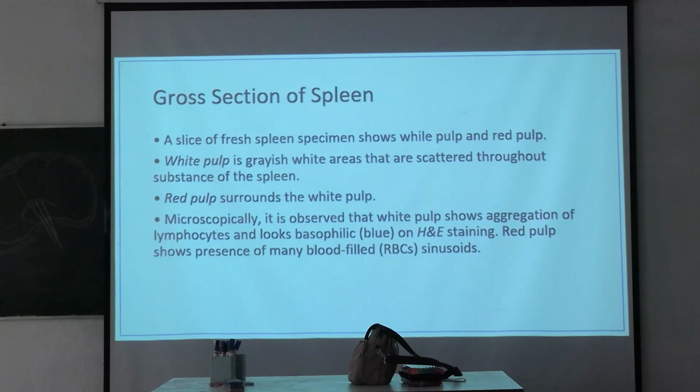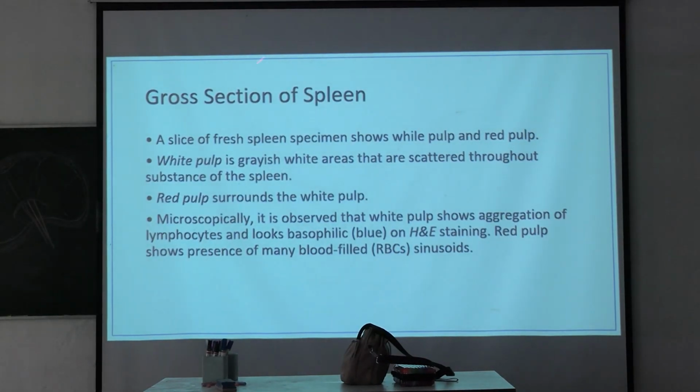Now, gross section of spleen. A slice of fresh spleen specimen shows white pulp and red pulp. White pulp is grayish white areas that are scattered throughout the substance of the spleen. Red pulp surrounds the white pulp. Microscopically, white pulp shows aggregation of lymphocytes and looks basophilic, blue, on H&E stain.